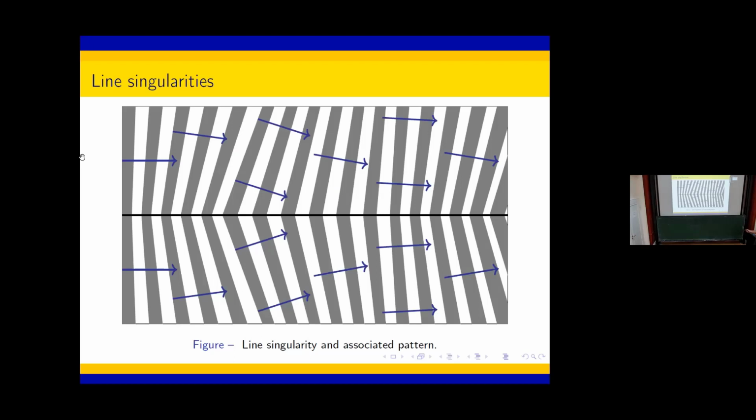So I'm looking for the cost of transition from this to this. And I assume that there is no variation whatsoever. It's very slow in this direction. So I assume that the variation is at scale epsilon very close here, and there is no variation along the x2 axis, which is this one.